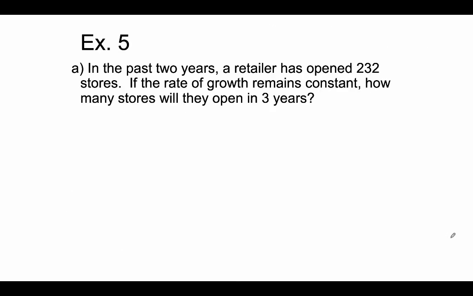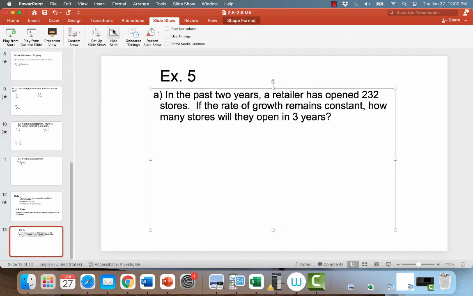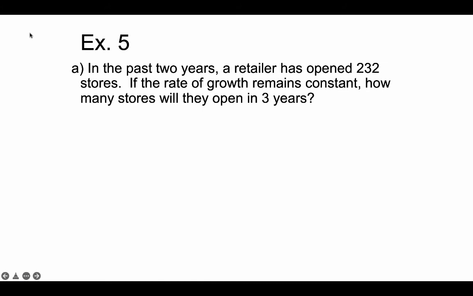In the past 2 years, a retailer has opened a shop, and it says there are 232 stores. If the growth rate remains constant, how many stores will they have in 3 years?